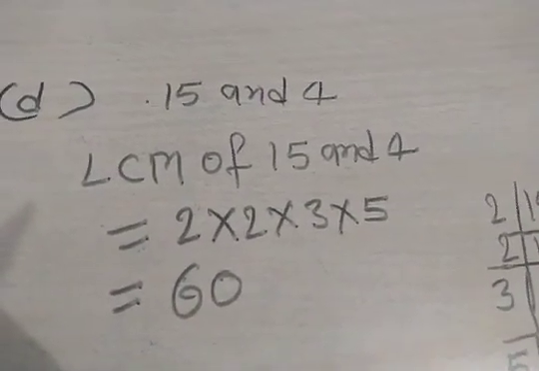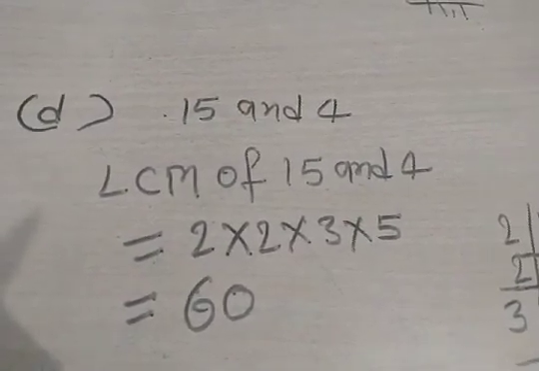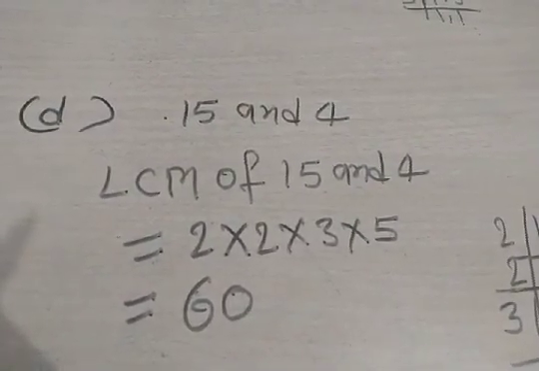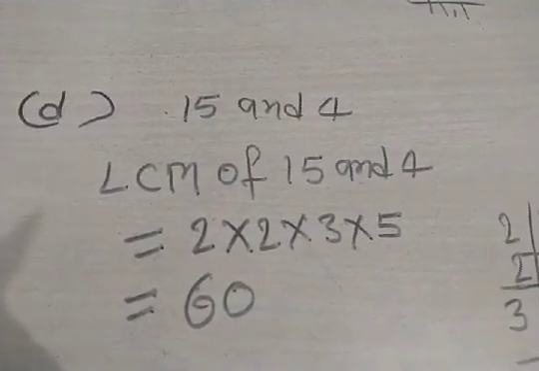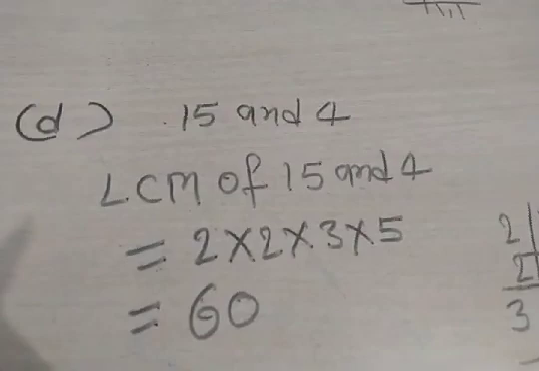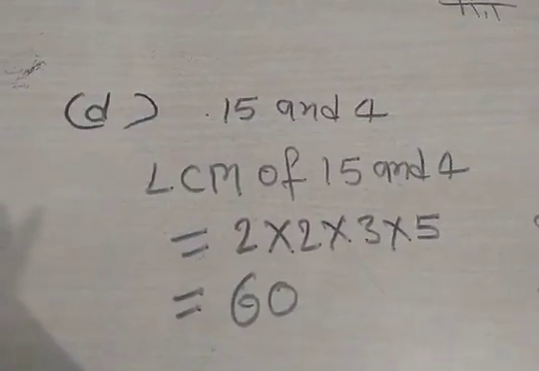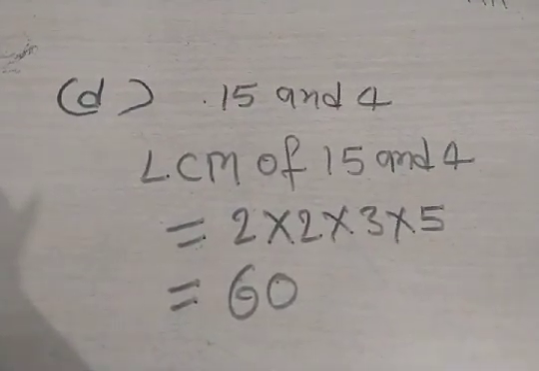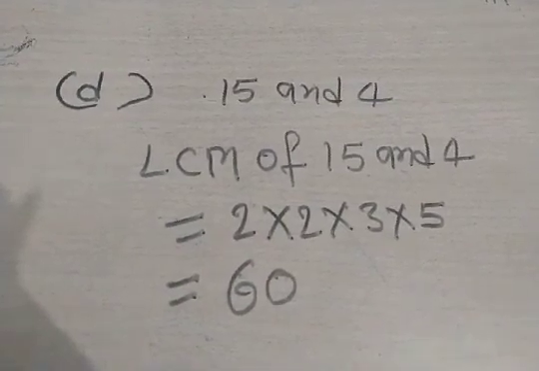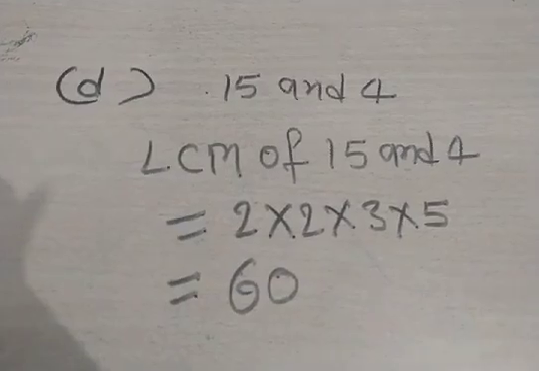Okay, so from the above discussion we observed that all LCMs are multiples of 3. You can see here LCM of 6 and 5 is 30, and LCM of 15 and 4 is 60. All LCMs are multiples of 3 and they are the product of the 2 given numbers.